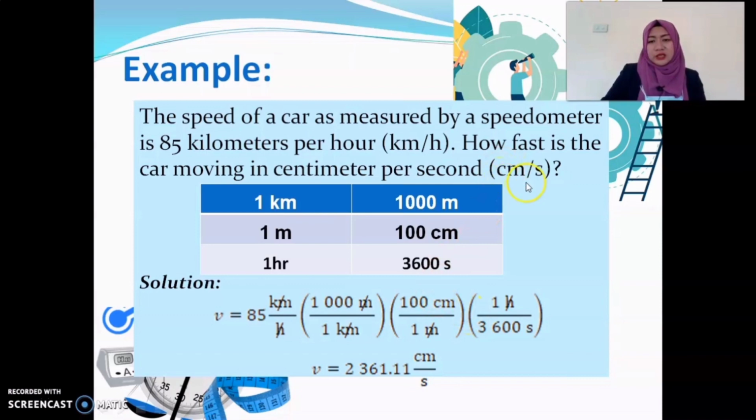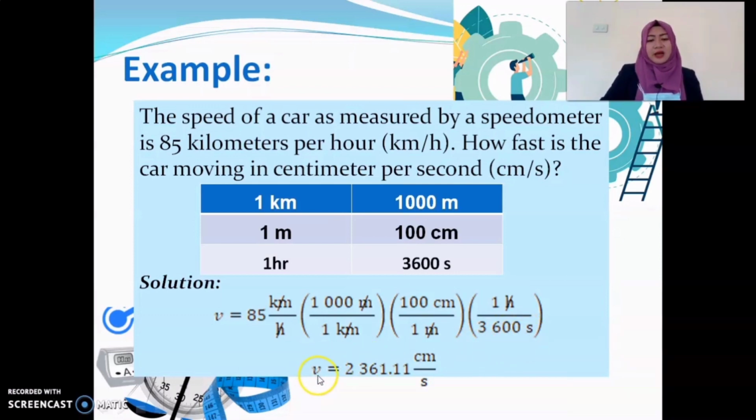We are asked for centimeters per second. Therefore, we will now convert hours into seconds, and we know that 1 hour is equal to 3,600 seconds. So we will simply multiply this all: 85 times 1,000 divided by 1, times 100 divided by 1, times 1 divided by 3,600 seconds.